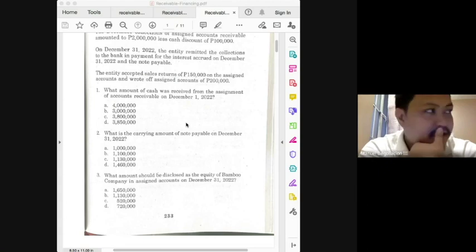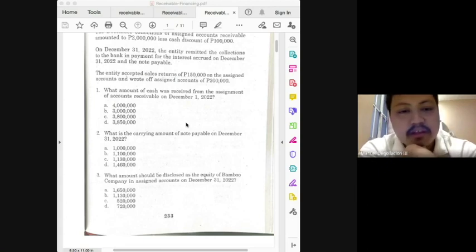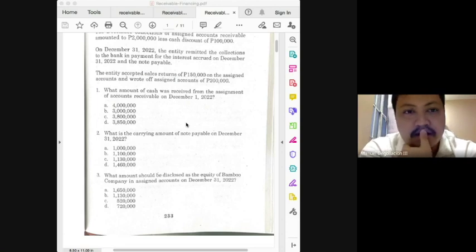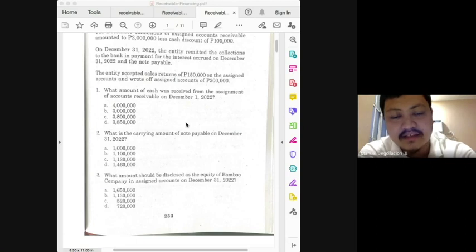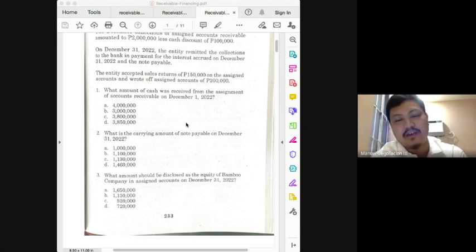It's possible that without making this disclosure, the financial statement users might be misled into believing that the entity is very liquid, because accounts receivable is a current asset.